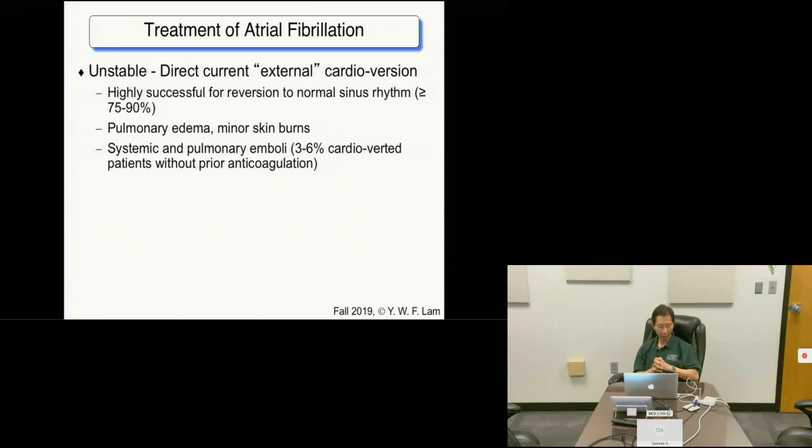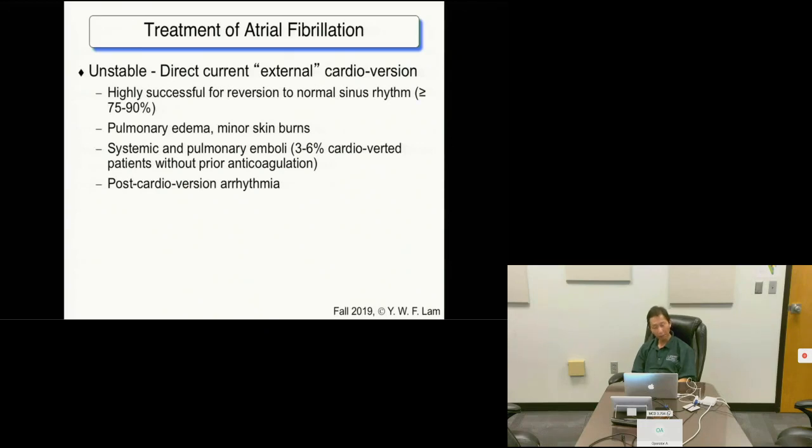And when they're in the systemic circulation, they are known as emboli. Those emboli can end up in the cerebral circulation, causing stroke also. So again, you can see that there is systemic embolization. The primary concern would be stroke, and the secondary concern would be ending up in the lung, causing pulmonary embolism. That is why, if we can, we need to anticoagulate the patient as much as possible.